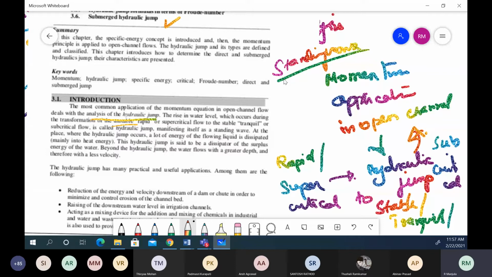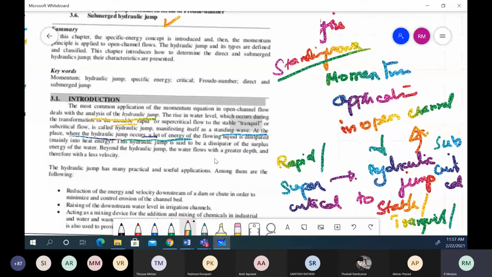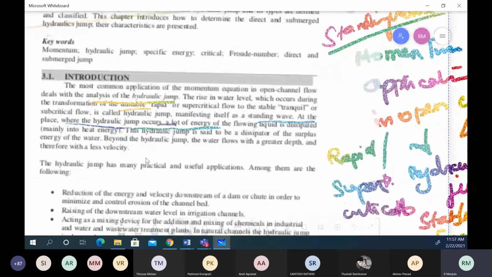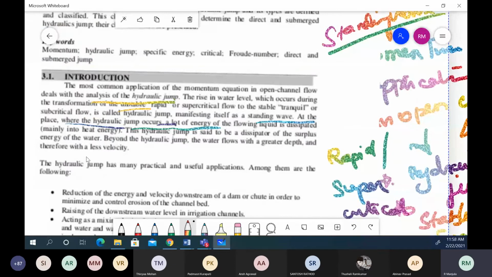And what happens when this hydraulic jump occurs is there is quite a lot of dissipation of energy. That is one outcome of the hydraulic jump, which means a surplus amount of energy is dissipated.